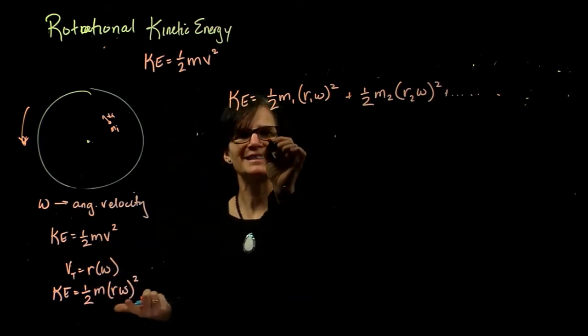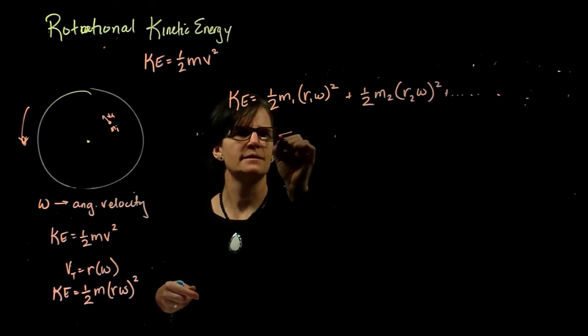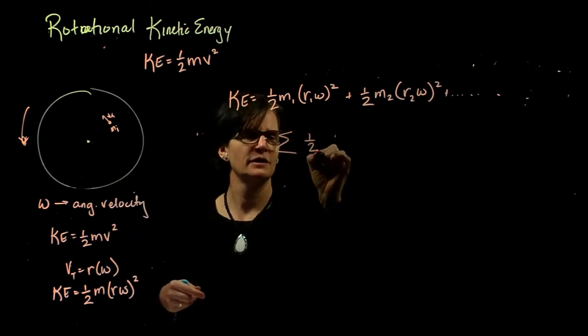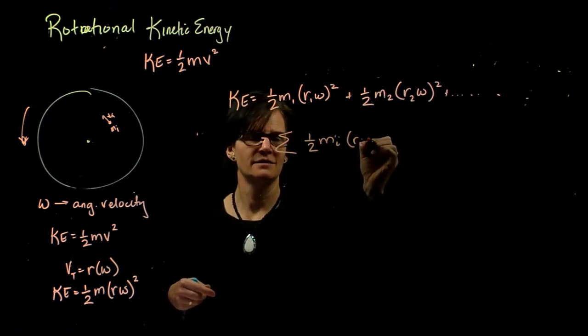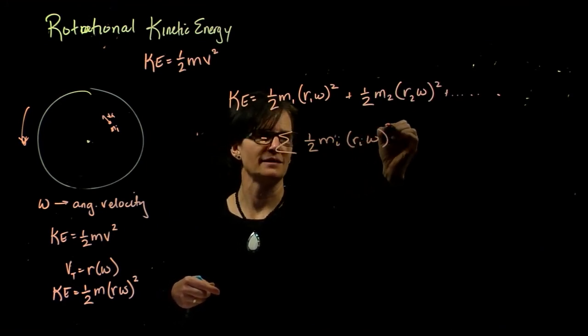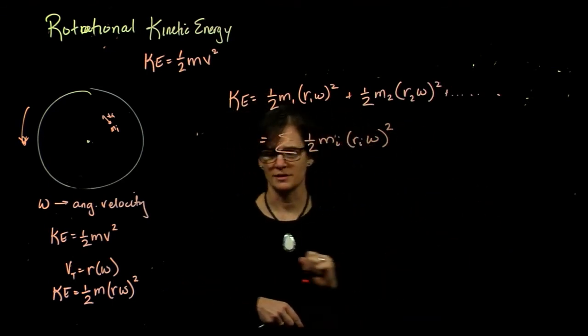Such that if I translate this into a mathematical representation, it's the sum of 1/2 the masses times the radii of those masses squared. All right, so we're just summing up across each one.